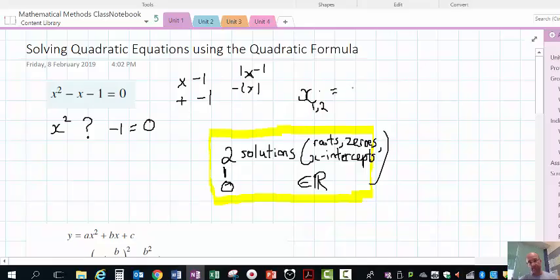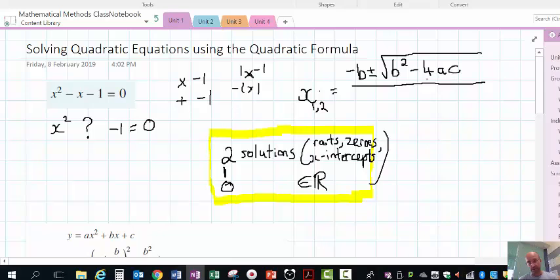But x equals negative b plus or minus the square root of b squared minus 4 times a times c, all over 2a.